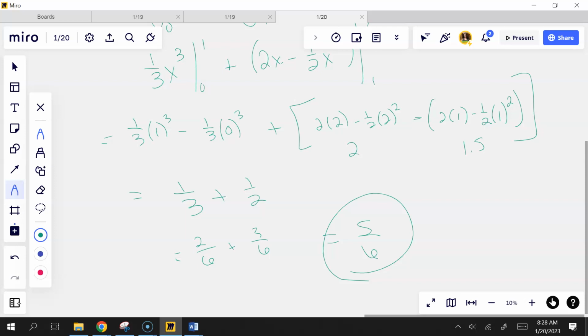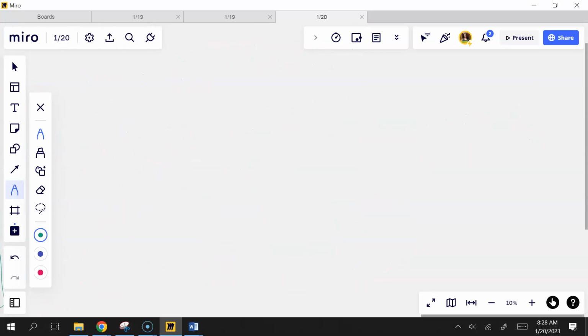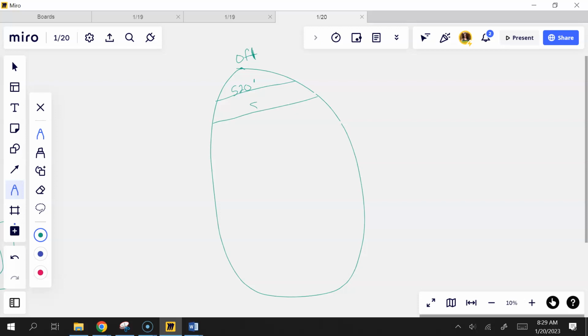Look at number 10. Well, I'll just draw it for you and show you, because I've seen this a couple times on prior tests where they use something like this. It's a pond. That says feet. 520. I'm going to do it like this. 800.